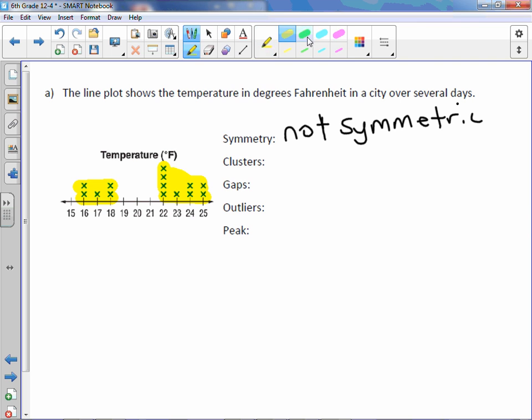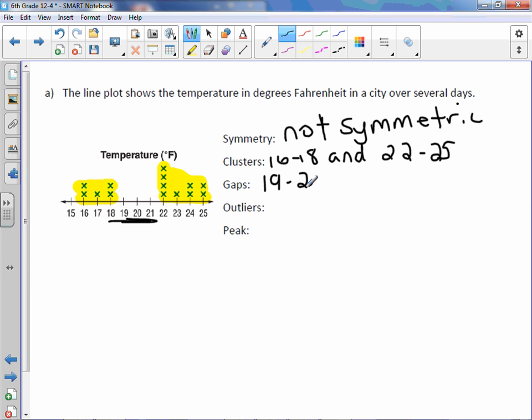So let's jot that down as well. The clusters are from 16 to 18 and 22 to 25. There are some clusters. Gap, it has a gap right here. Our gap is from 19 to 21.